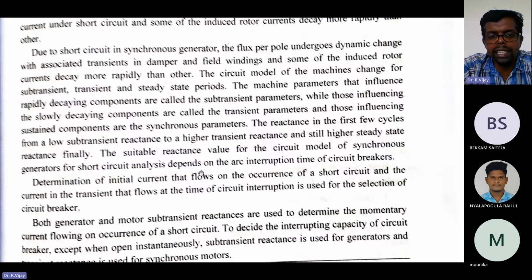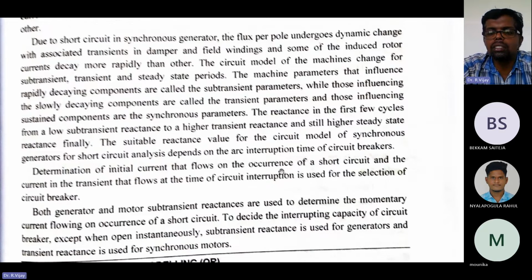Next, the determination of the initial current that flows on the occurrence of a short circuit, and the current in transient that flows at the time of circuit interruption, is used for selection of the circuit breaker. So we need to determine the initial current flow on the occurrence of short circuit and the transient current that flows at the time of circuit interruption.